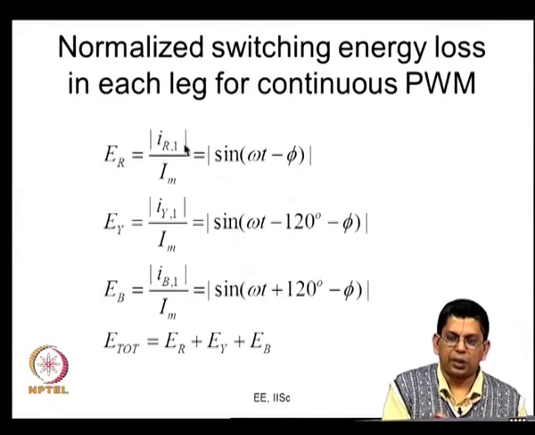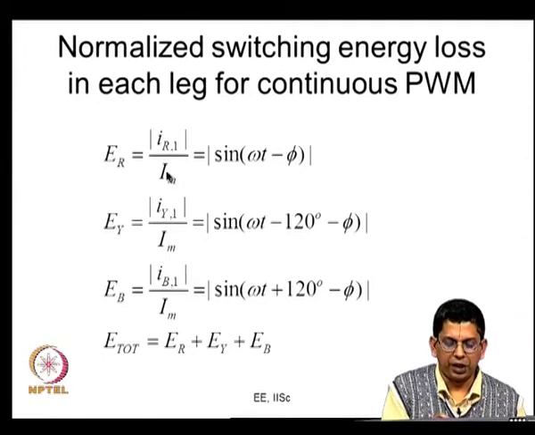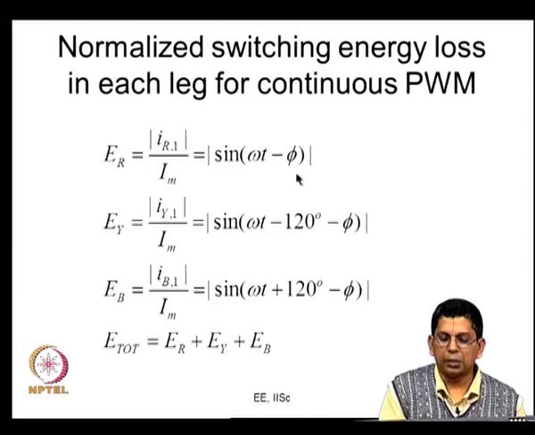So, this is the absolute value of IR1 divided by IM, where IM is the peak value of the current, and so this is the unsigned value of sin of omega t minus phi, where phi is your power factor angle. Here I have used minus phi, in some other places I have used plus phi, but please do not mind that. So, you know what I am trying to say.